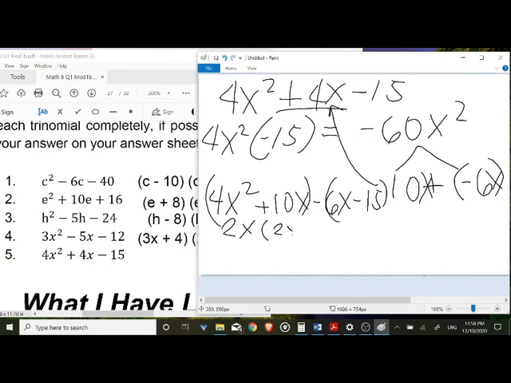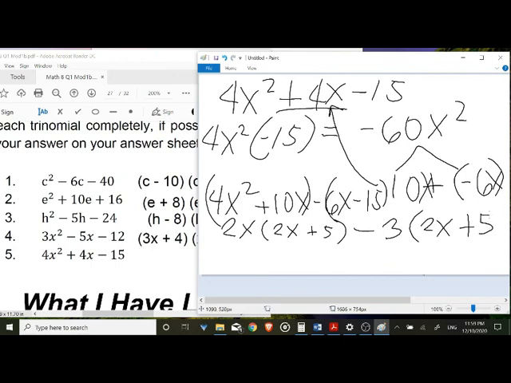So we have 2x plus 5. Okay. Minus. Common factor nila ay 3. So 6 divided by 3 is 2. 2x. Plus tayo, plus kasi negative yung nandito. So mag-change sign tayo dito. Magiging plus na. So negative 15 divided by negative 3, that is positive 5.